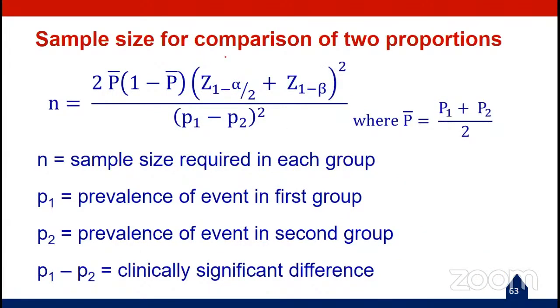It is the same as before. Z value at alpha level of significance, Z value at 1 minus beta percentage power. Here it is 1.96 or 2.58, and here it is 0.84 or 1.28. These two are standard. P1 is the prevalence of the event in the first group, P2 is the prevalence of the event in the second group.